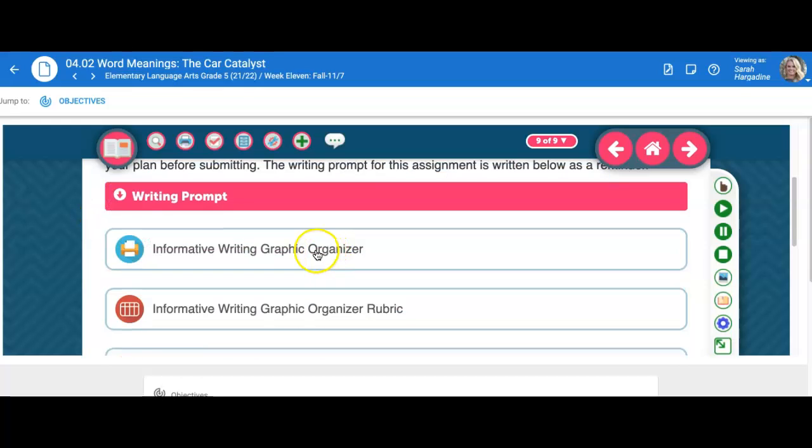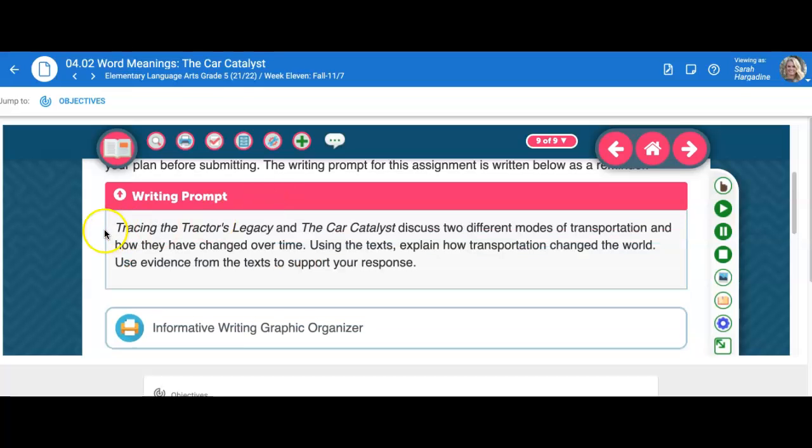Okay, so this is one that you started previously, and the writing prompt was Tracing the Tractor's Legacy and The Car Catalyst: discuss 2 different modes of transportation and how they have changed over time. Using the text, explain how transportation changed the world.